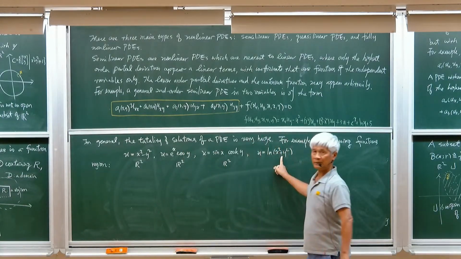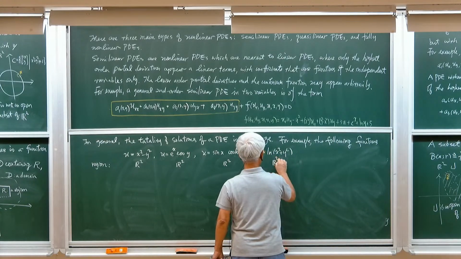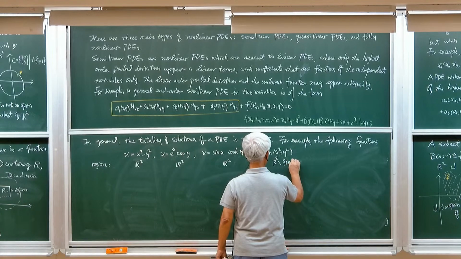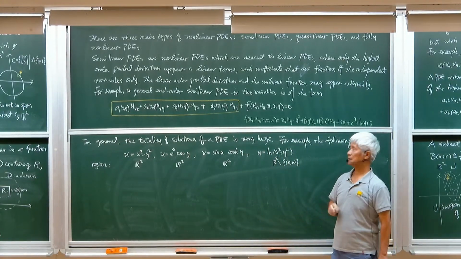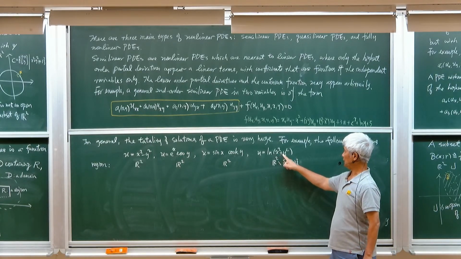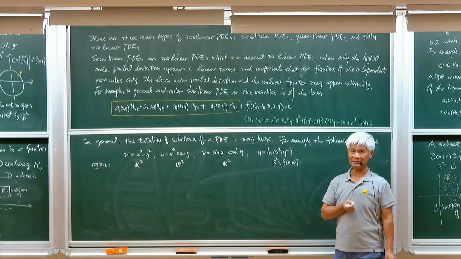But how about this one? This is R squared with the origin removed, because if x equals 0 and y equals 0, you have the natural logarithm of 0, which is undefined.